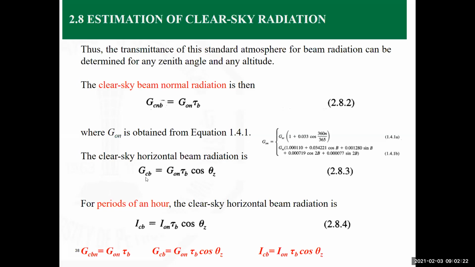This applies for the instantaneous radiation falling onto the surface, and it can also be applied to the integrated value of the solar radiation over an hour, a day, or a month. So the same idea would be there. So that's all to estimate the clear sky radiation, or the clear sky index as we call it.